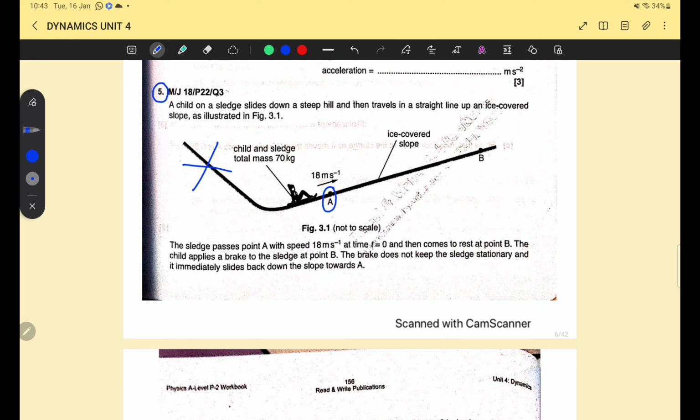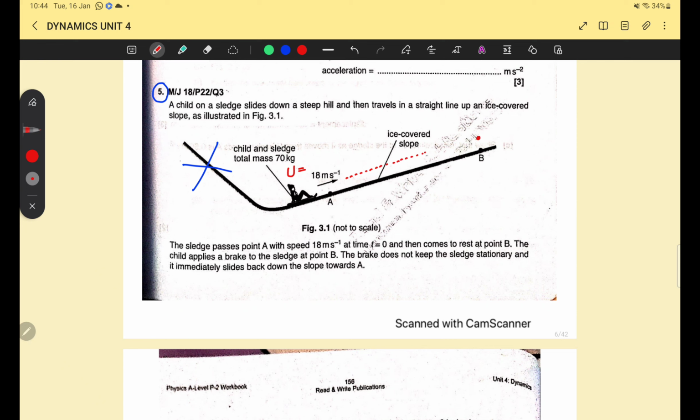So the backward scene is not important for us. Our question starts from position A. So 18 meter per second is the initial velocity. And as the child is moving towards B, her velocity is decreasing.